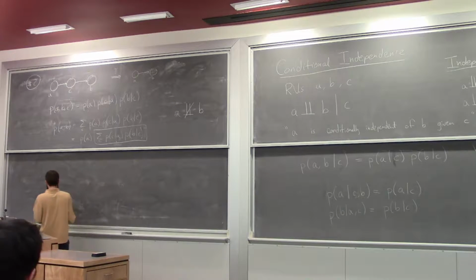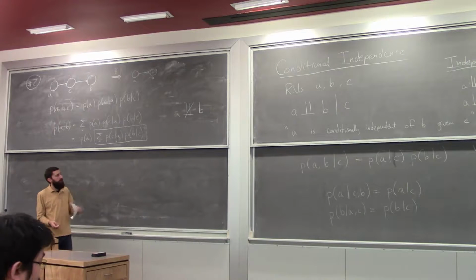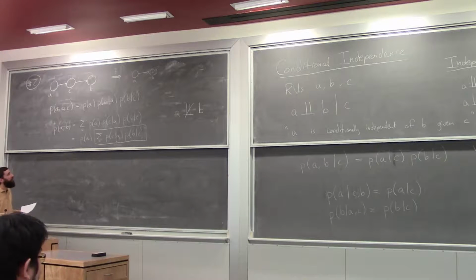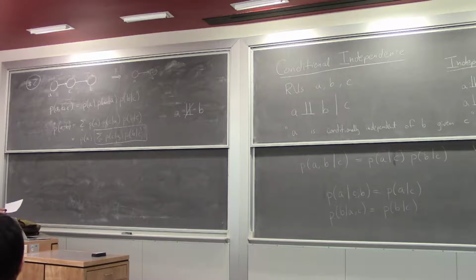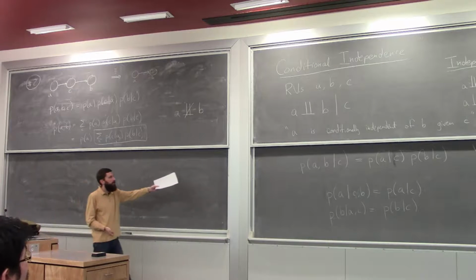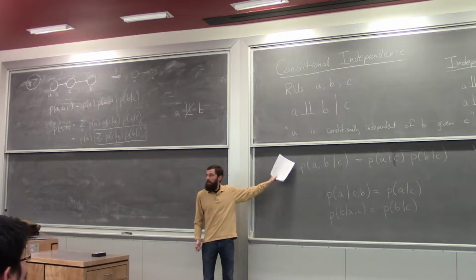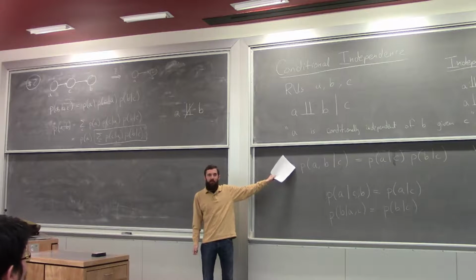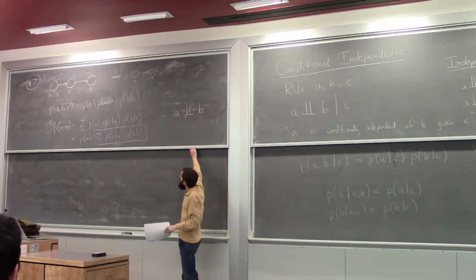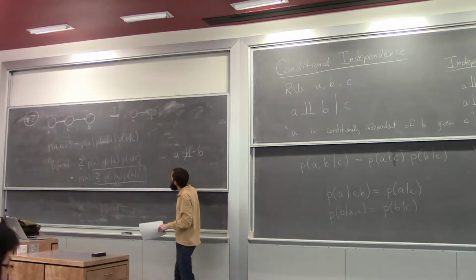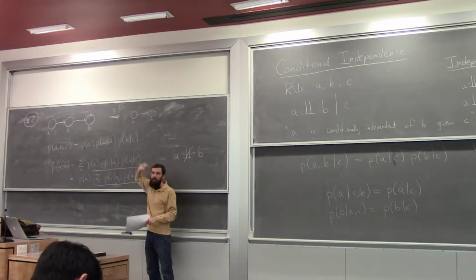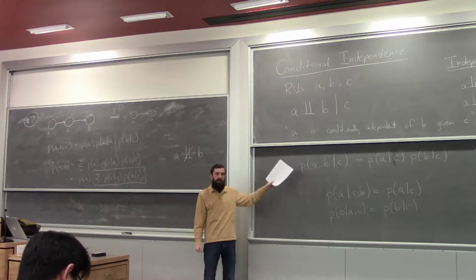Now let's look at conditional independence. We're coming back to conditional independence. So how would I try to get this equation again up here? This one's a little bit trickier. I want to get this equation out of, starting from here, and get it here.